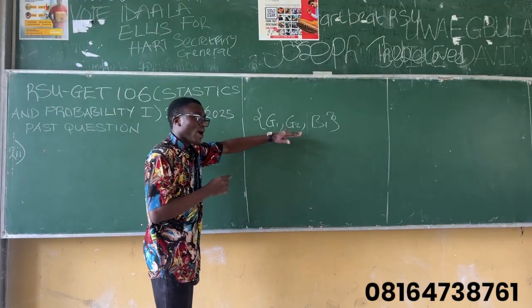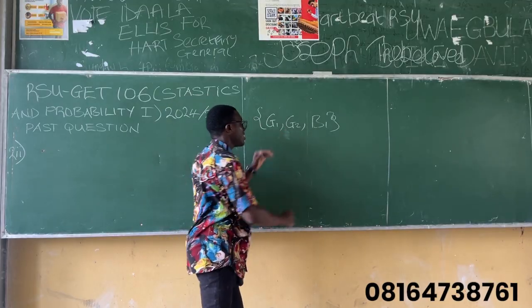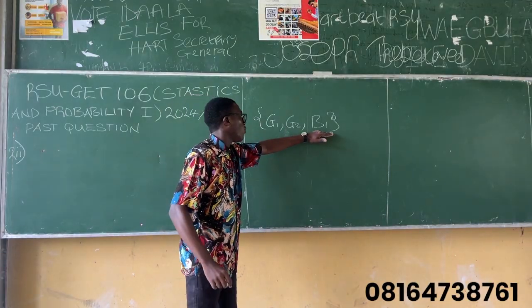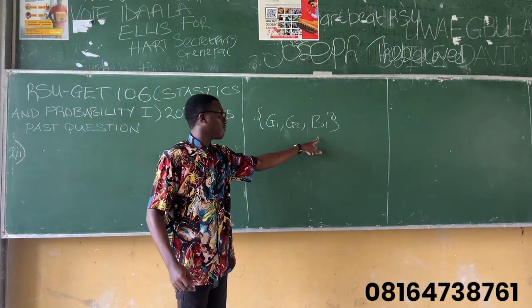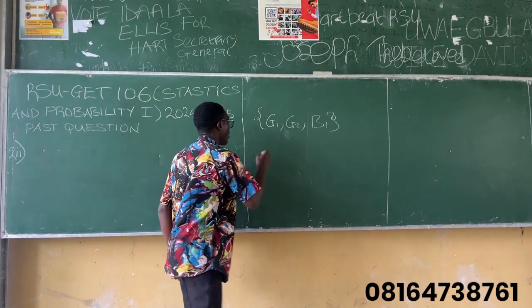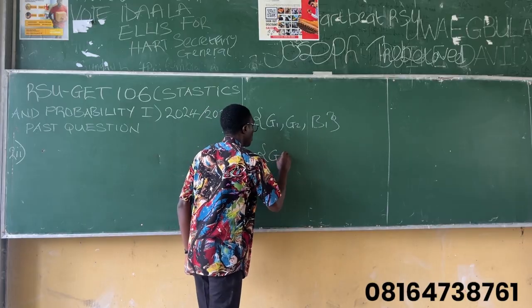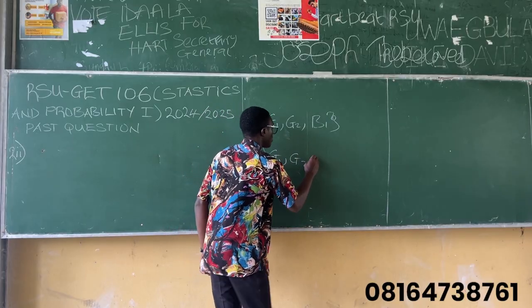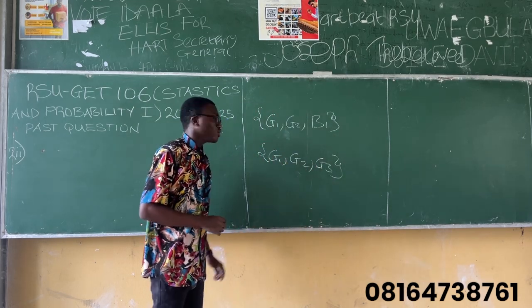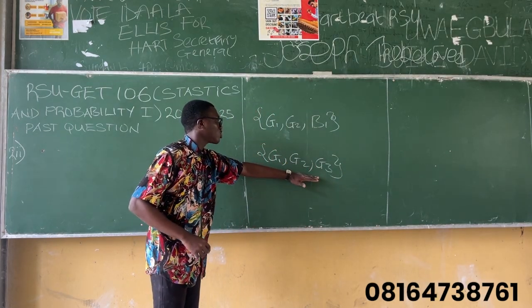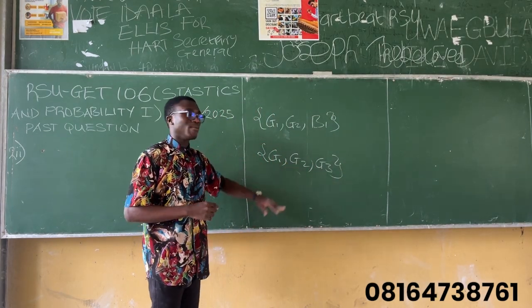This has, for this 3-member committee, 2 girls and 1 boy. This is having more girls than boys being selected for the 3-member committee. We also had G1, G2, and G3 as a possible outcome. So this had 3 girls being selected for the 3-member committee.